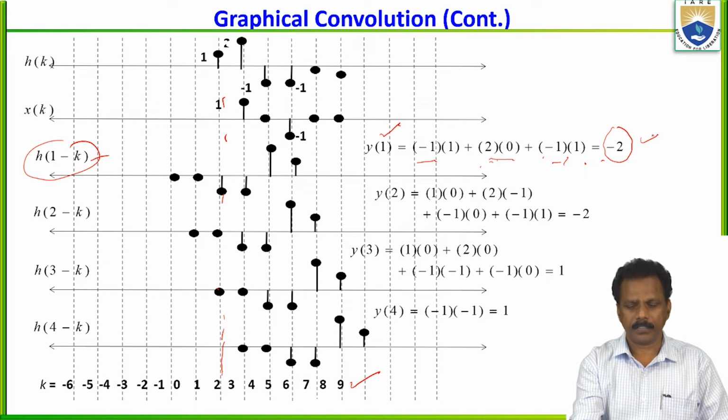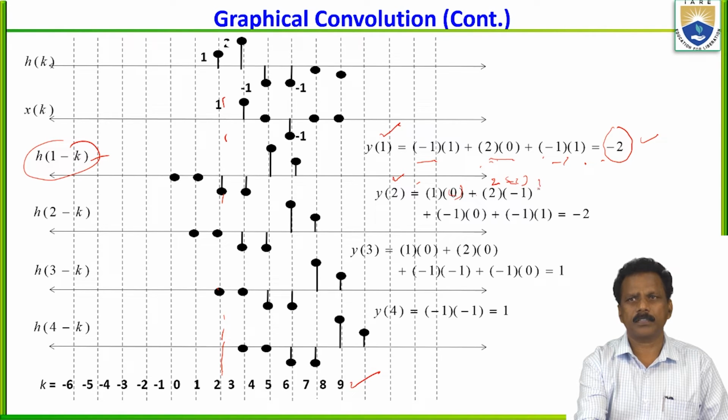Similar case, y of 2 is equal to 1 into 0 plus 2 into minus 1, plus minus 1 into 0, plus minus 1 into 1. After simplifying this, we verify that it is minus 2.